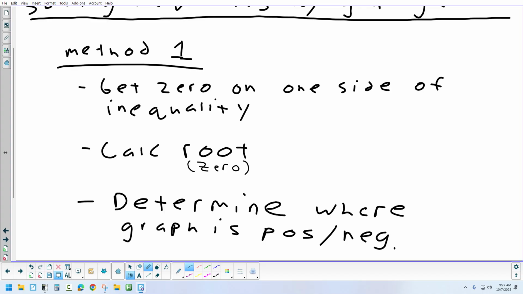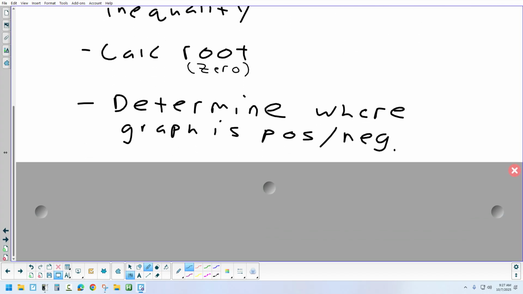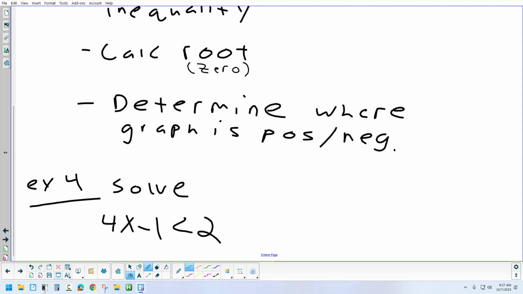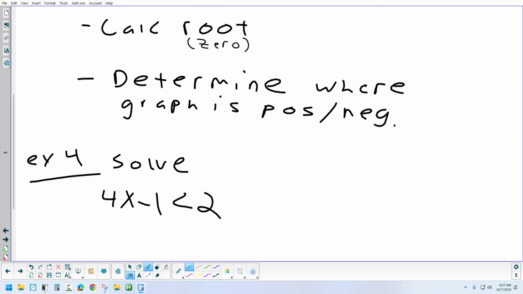Okay, so let's try an inequality, and we'll use this method. Now, normally, this is not an inequality I would bother with the calculator. Because it's easy enough, if you want to solve it by hand, we just add 1 and divide by 4. So if you add the 1, you get 3, and divide each side by 4, you're done.